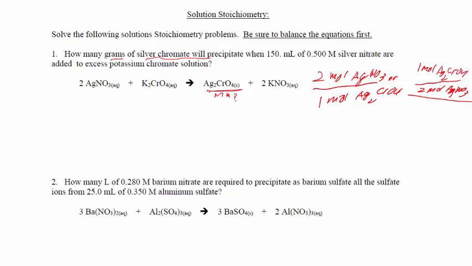So first of all, let's figure out the molar mass of this guy. I have 2 times 107.87 grams per mole, plus 51.996 rounds to 52.00 grams per mole.